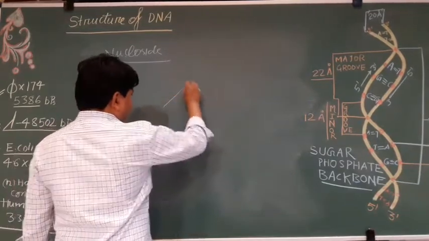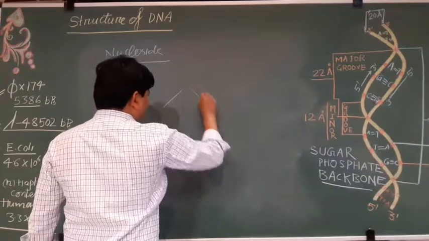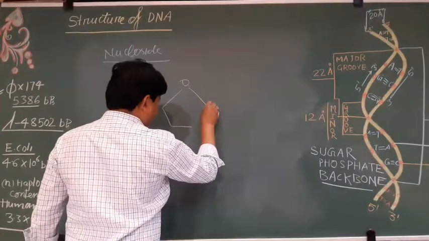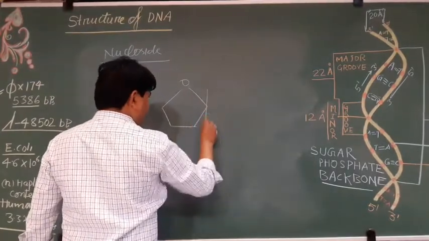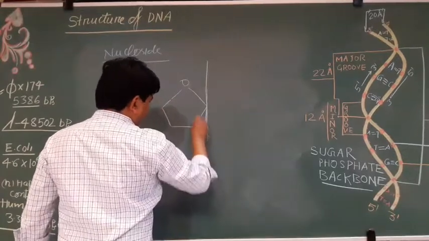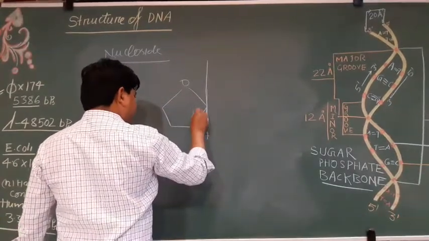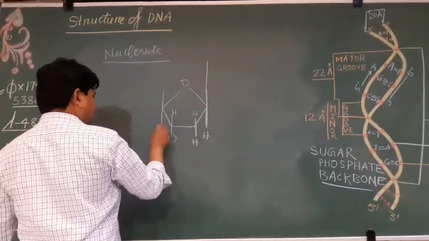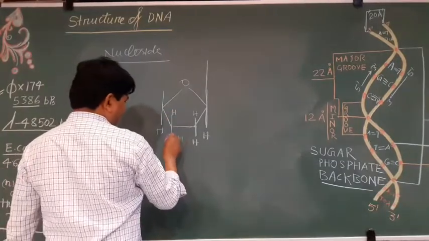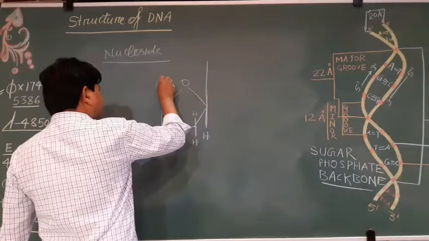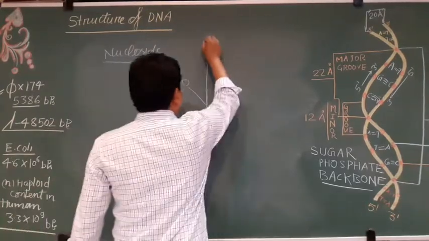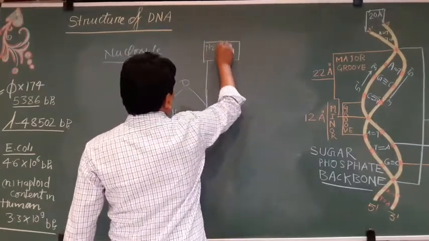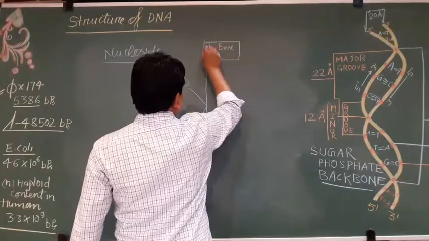For example, this is pentose sugar, with H, H, H, H and OH, H, and CH2OH, and a nitrogenous base.